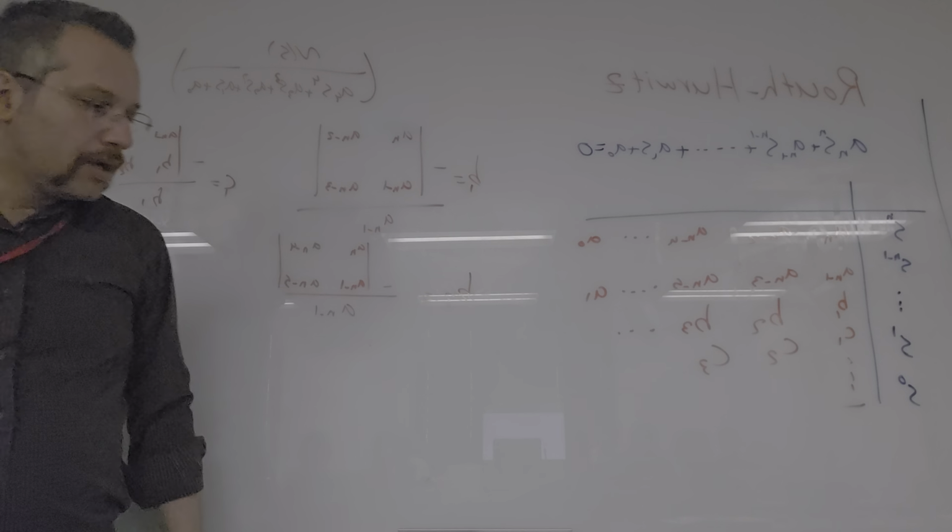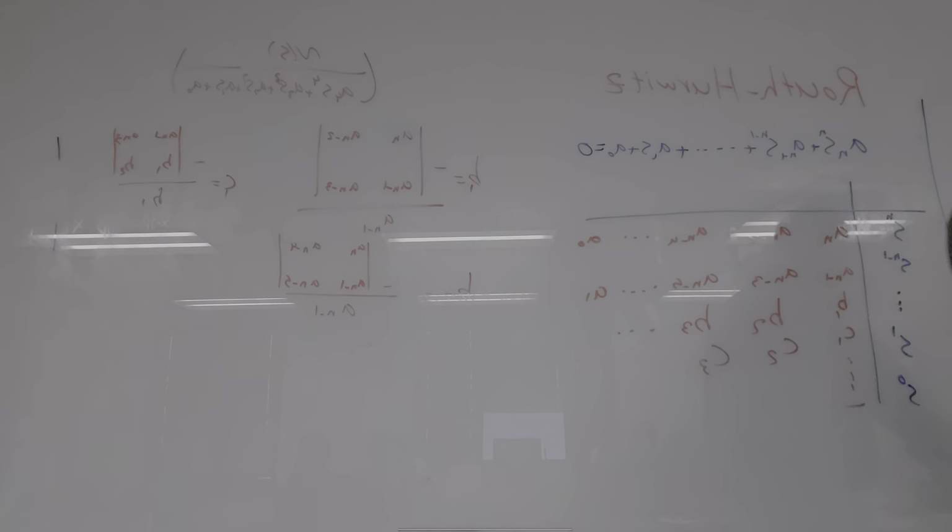No? Now that we developed the Routh-Hurwitz table, what is the condition that could tell us if the system is stable or not? We only need to focus on the first column. There are going to be some constant numbers here.